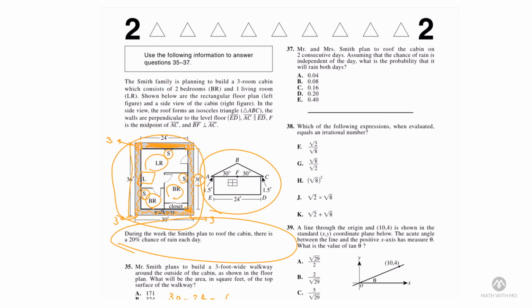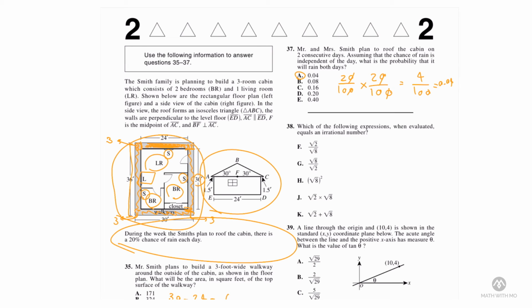Because each day is 20%, it's basically 20% day number 1 times 20% of day number 2, because it's 2 consecutive days. So we want to know what will happen in 2 consecutive days. So we multiply them. Then this is basically 2 over 10 times 2 over 10, which is 4 over 100. 4 over 100 is 0.04.